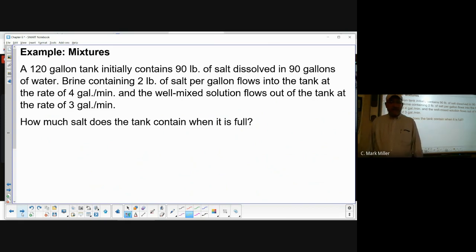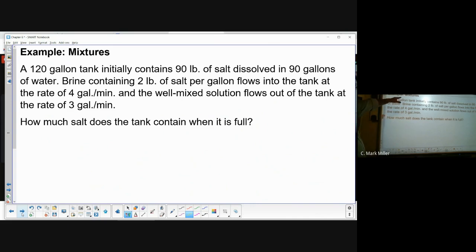These are an application of differential equations that you see very much in the real world. This is a fairly straightforward one. I hope you can follow it. You will not understand it the first time through. You got to go through several times.